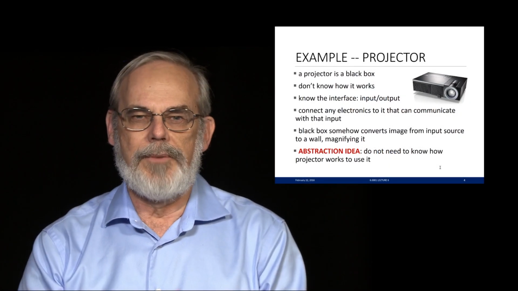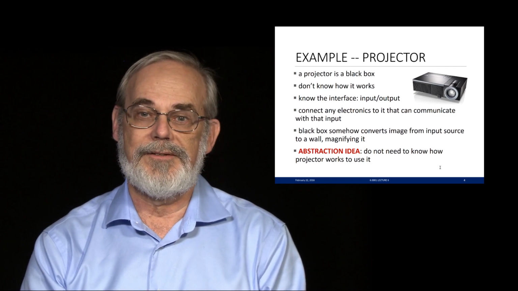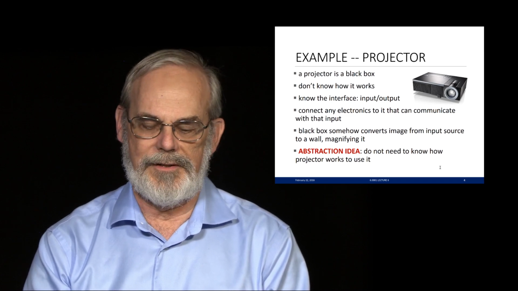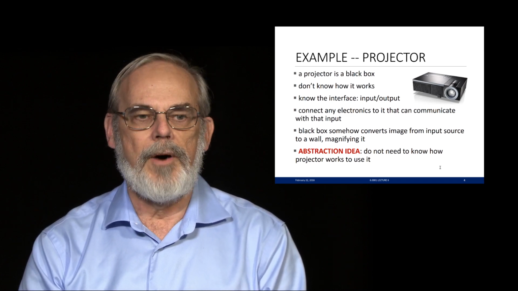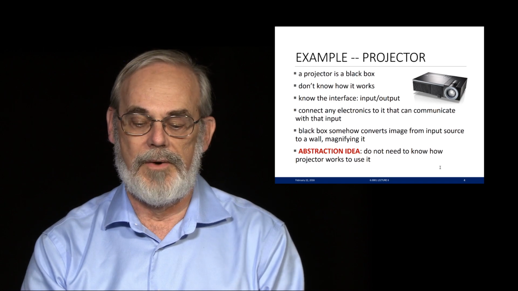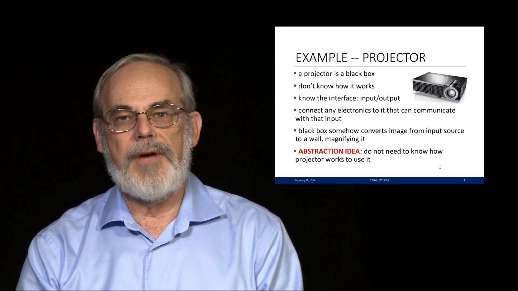And in fact, that black box comes with a standard interface that says if I plug an appropriate piece of electronics into it, that box can communicate with it, and it's going to produce an output. It's going to show slides on the wall. That's the notion of abstraction.